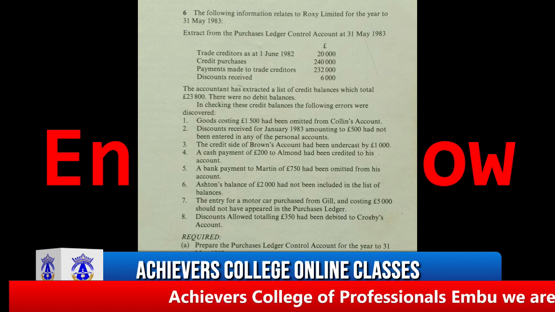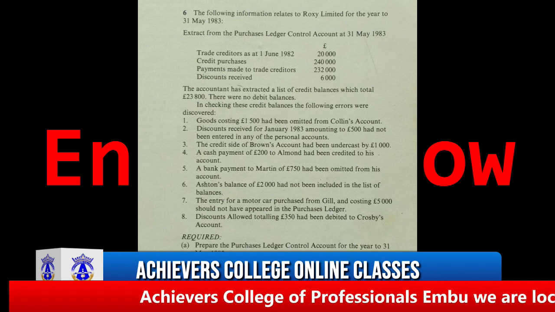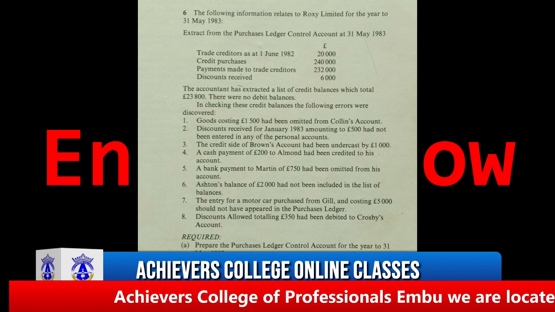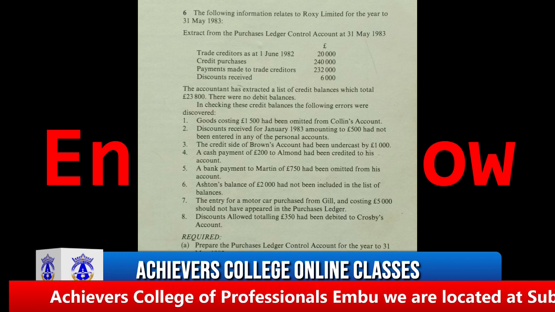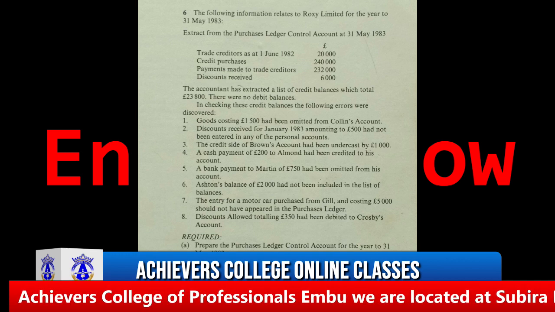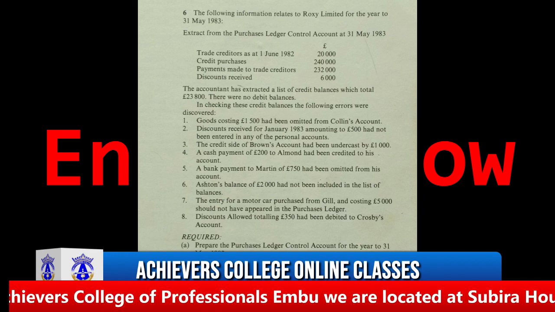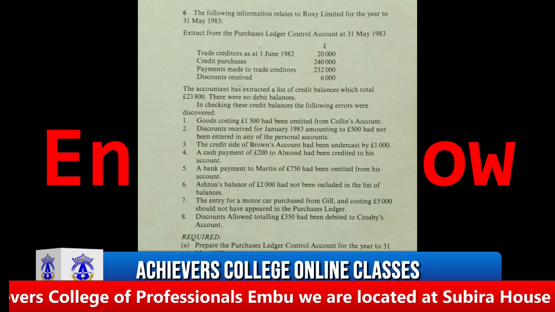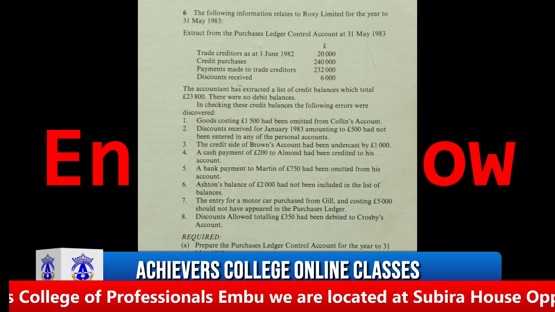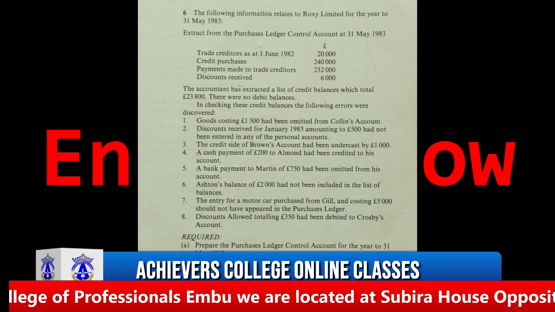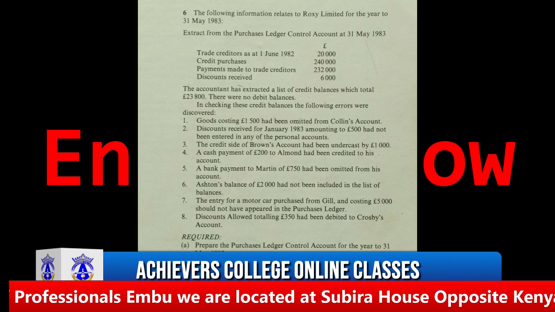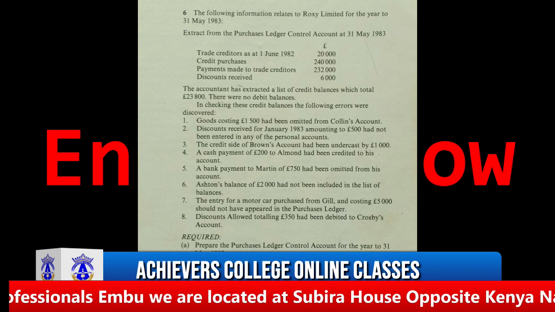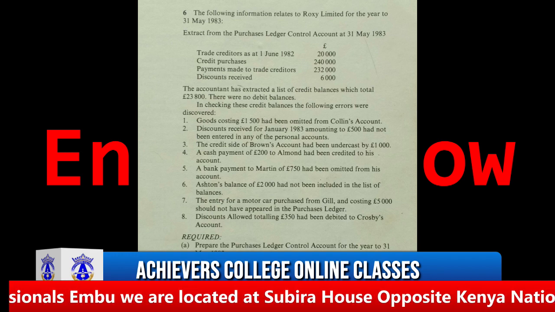Payments made to creditors reduce the amount of credit, and discount received also reduces. The accountant has extracted a list of credit balances which total to 23,800. So when he was looking for credit balances, the accountant came up with the figure 23,800. There were no debit balances.